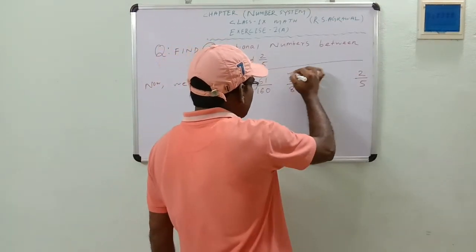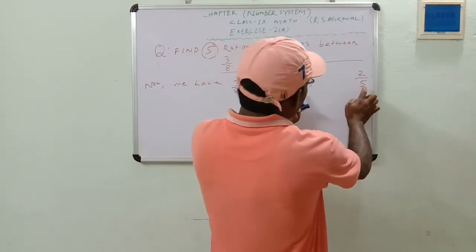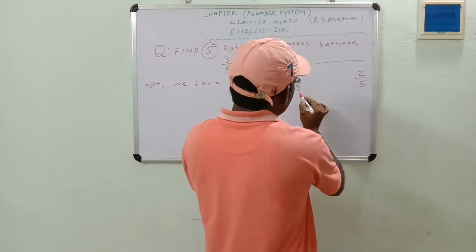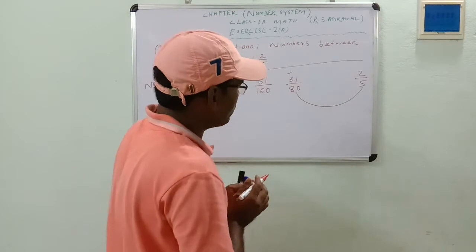Already you have found out two rational numbers. Now find out a rational number between these two, and it will be your third rational number.